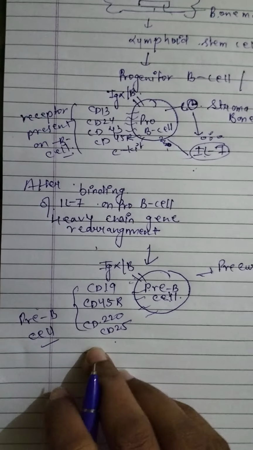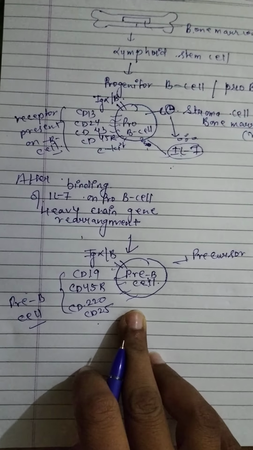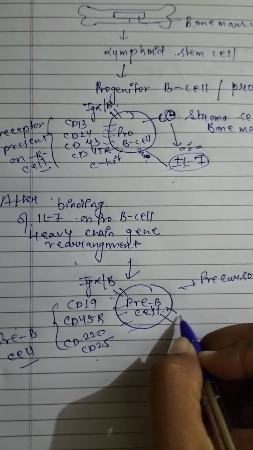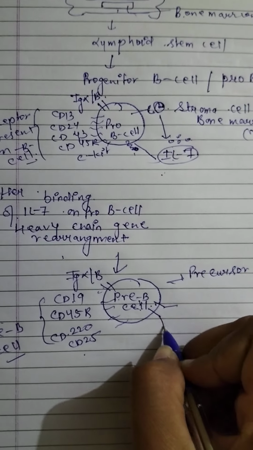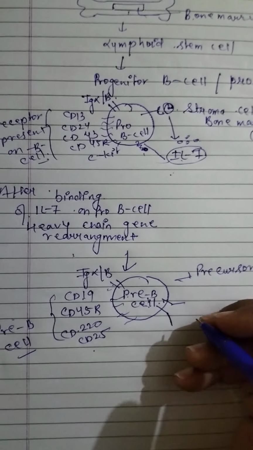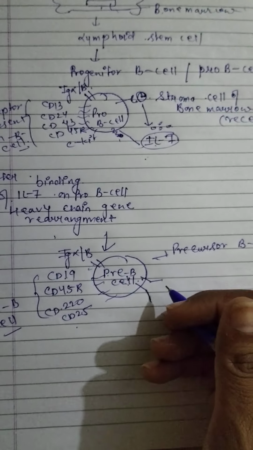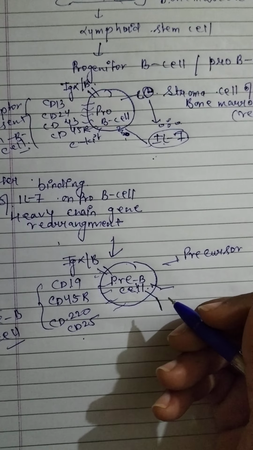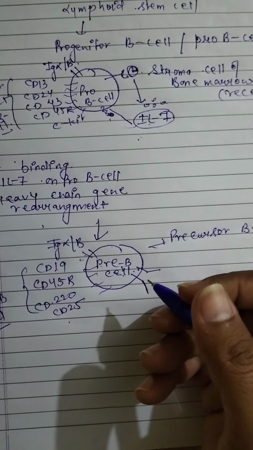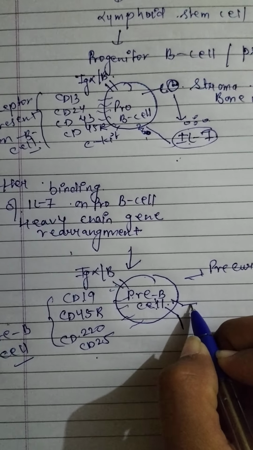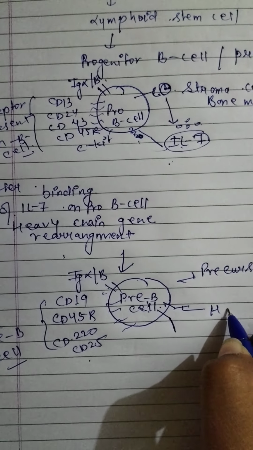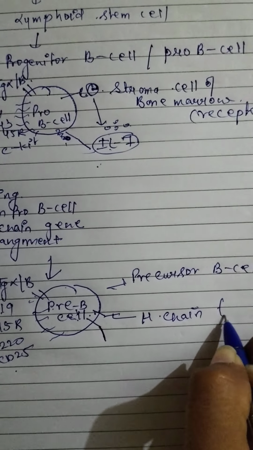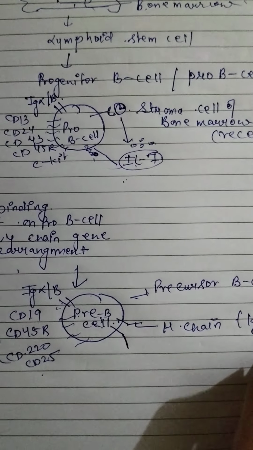On pre-B cells, there is heavy chain rearrangement, and a V pre-B chain also, lambda V pre-B chain, which is known as the surrogate light chain. Mu chain means IgM.